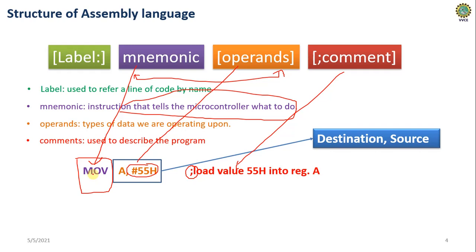Move tells the controller to copy the data from source to destination. Here 55 itself is the source, so from source to destination the data will be copied.